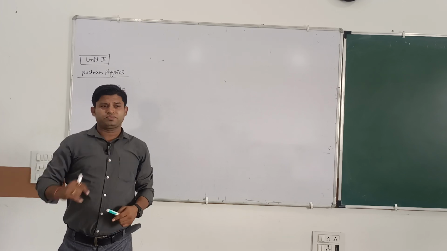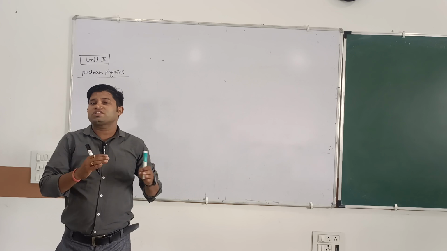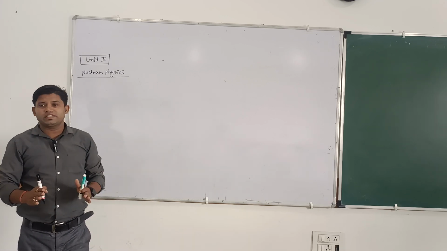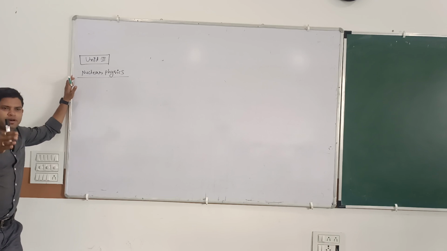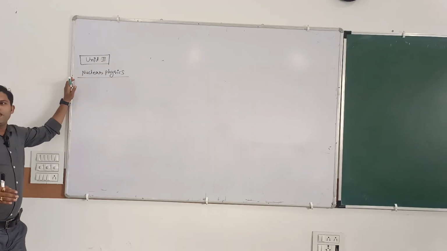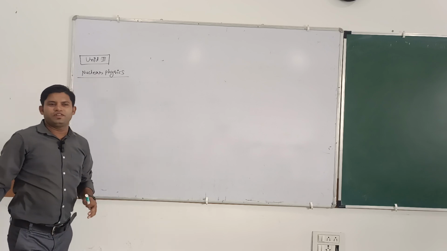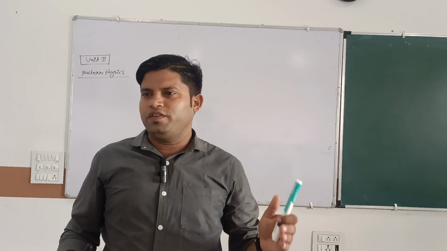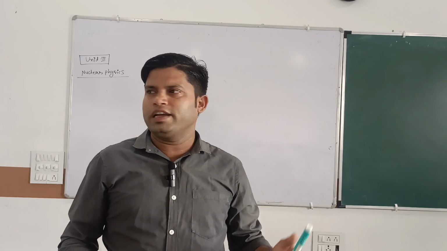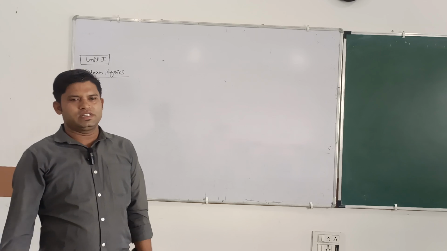Unit number 3, geometrical optics and acoustics. And unit number 4, wave optics. Unit number 5 is last, laser physics. This is your total 5 units: relativity, nuclear physics, geometrical optics and acoustics, wave optics and laser physics.